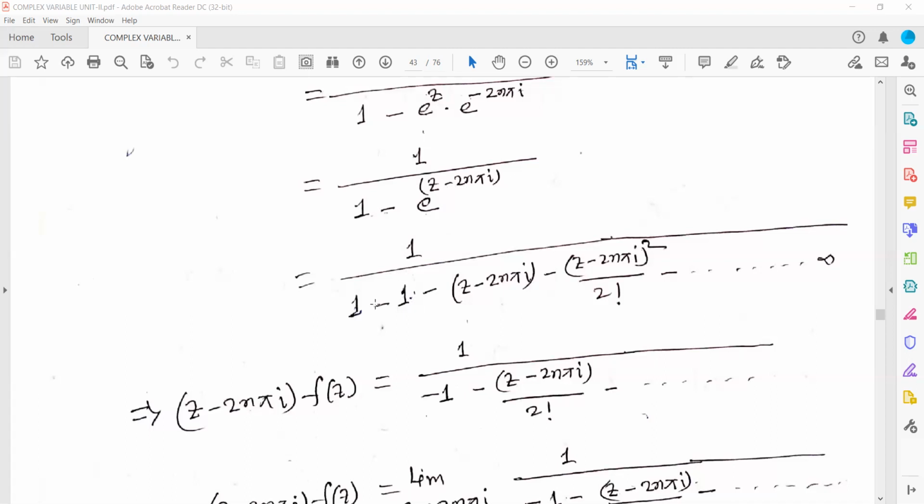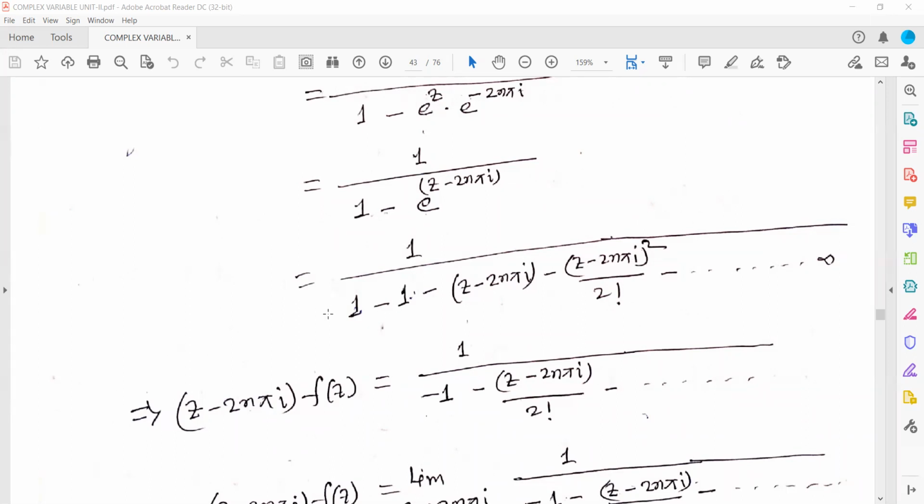Then why is it minus? Because in the expansion all terms are positive, and since the negative is already outside, if you multiply, all the terms will be negative. So first 1 will come, then minus (z minus 2n pi i), then minus (z minus 2n pi i) whole square by factorial 2. Like this it will go on.